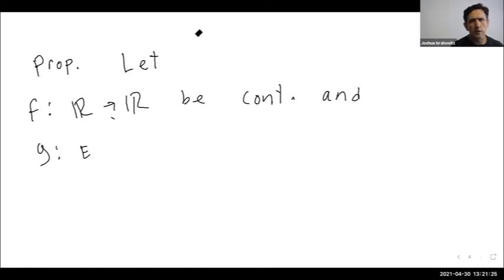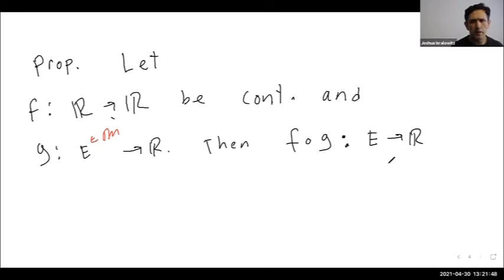And let's say real valued. Okay, so the claim is that the composition of f and g is measurable.